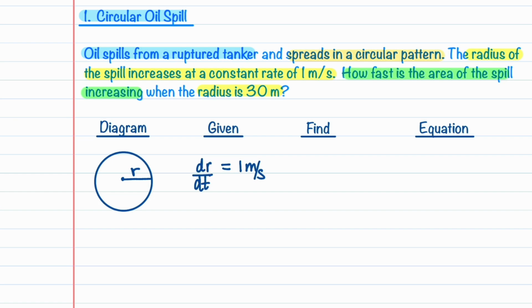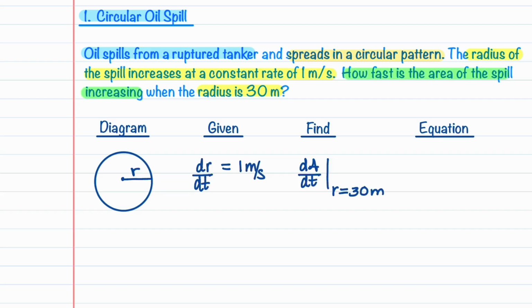We want to then find how fast is the area of the spill increasing, so that's dA dt. And there's always a when. The radius is equal to 30 meters. So we'll put a line here and say that is when R is equal to 30 meters. And now we have to find an equation.